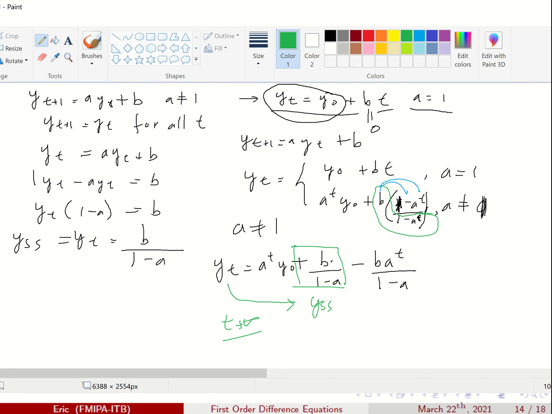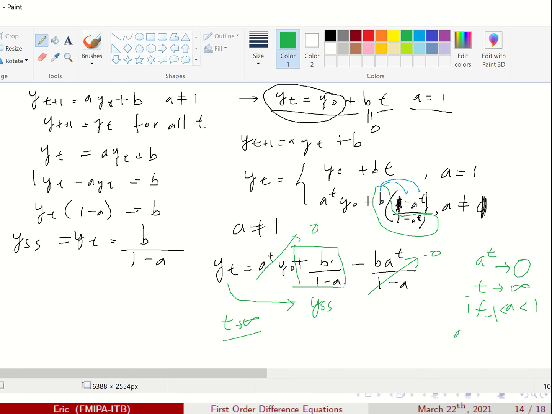Don't forget, a to the power of t will go to 0 as t goes to infinity if a is between -1 and 1. So it will go to 0, and it will leave the steady state solution. So when a is between -1 and 1, yt in the long run will converge to the steady state solution.